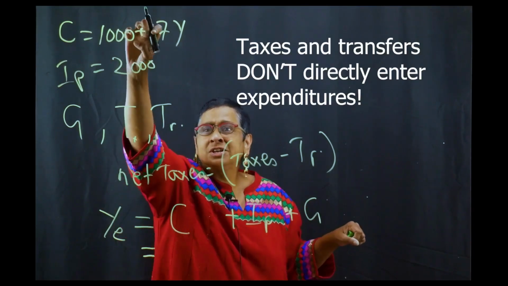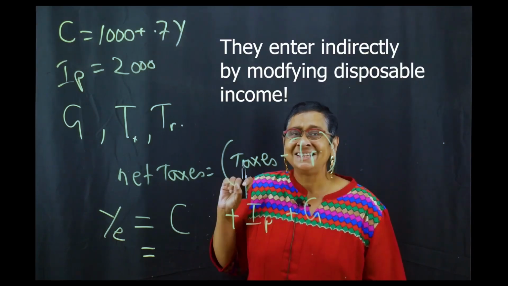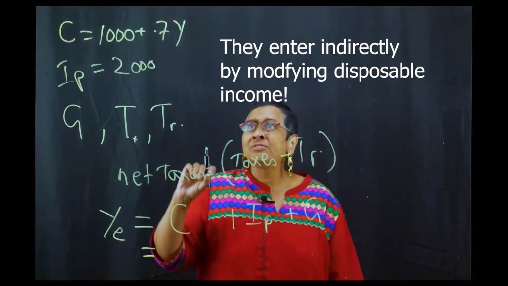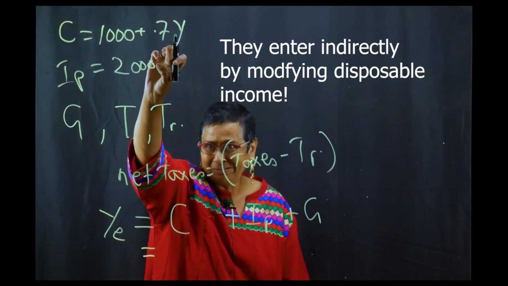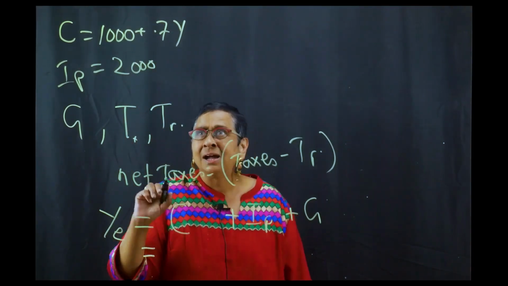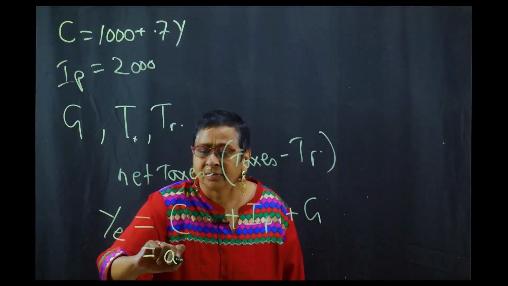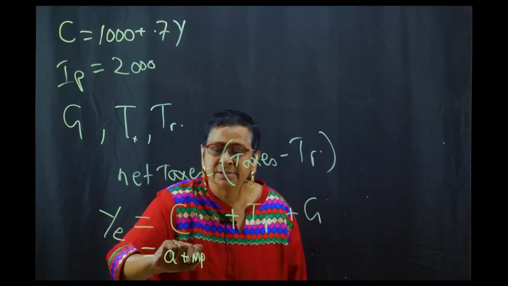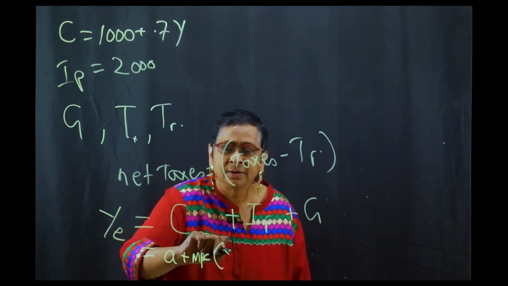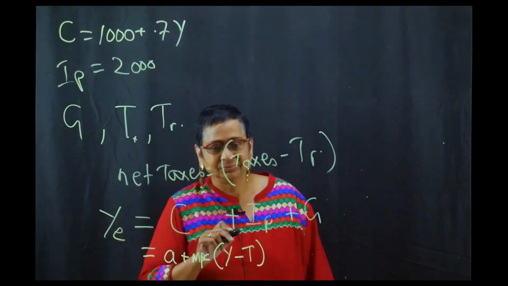Taxes and transfers don't directly enter expenditures. They enter indirectly by modifying your disposable income. So in place of C, I'm going to basically, in this case, say A plus MPC times Y minus net taxes.